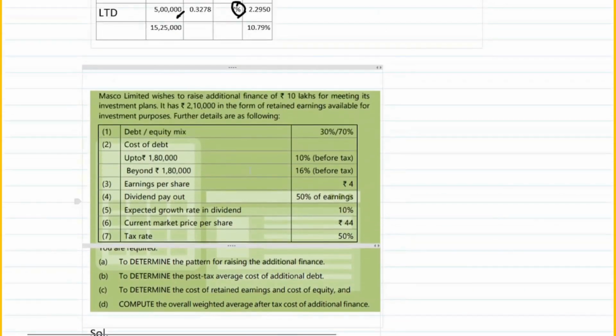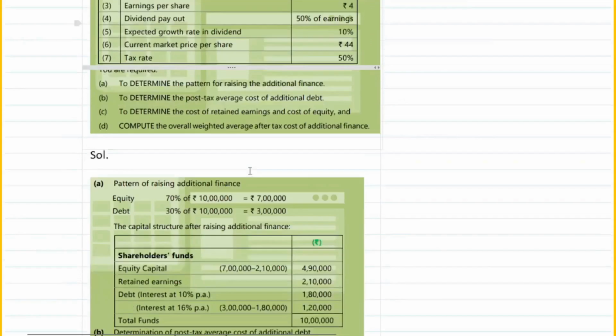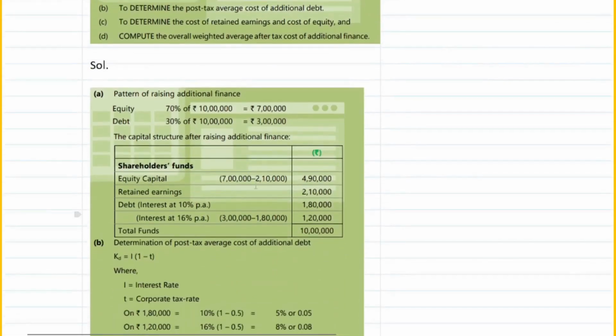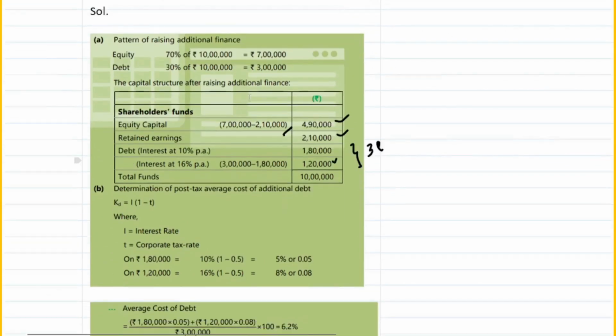We already have a retained earning of 2,10,000, which would be deducted from the equity. So 7 lakhs minus 2,10,000 will be 4,90,000. Balance whatever is the retained earning portion is given. Over and above that, we are totally raising 3 lakhs from my debt, out of which 1,80,000 falls in 10% slab and the balance 1,20,000 falls in my 16% slab. So this is the total funds and this is the pattern of it.